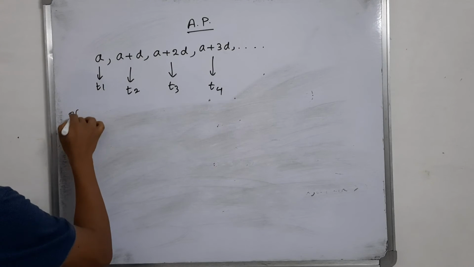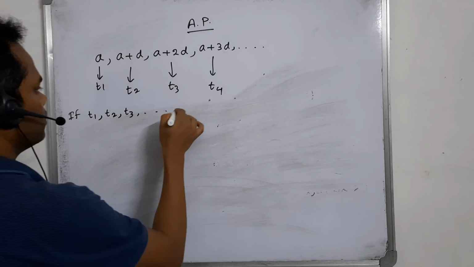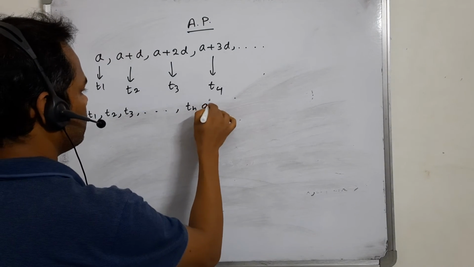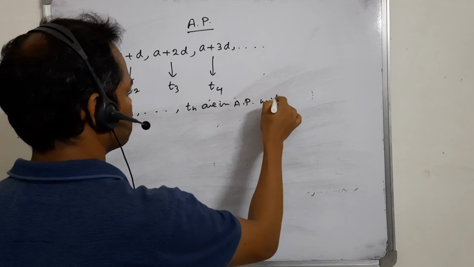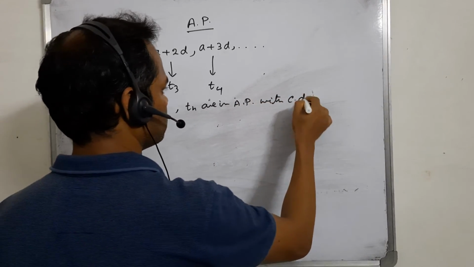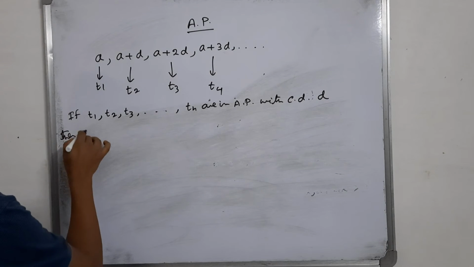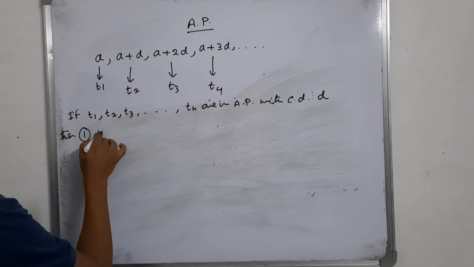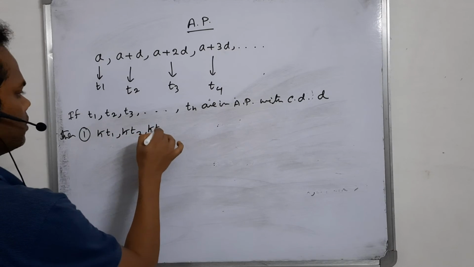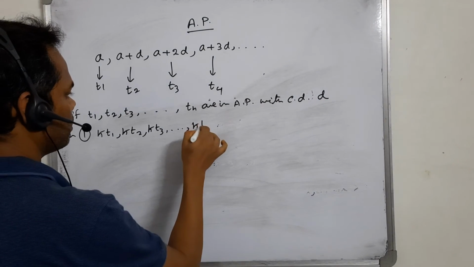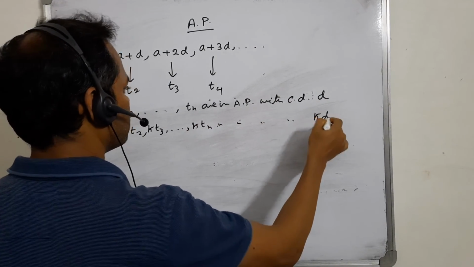If T1, T2, T3, dot dot Tn are in AP with common difference D, then KT1, KT2, KT3, dot dot KTn are in AP with common difference KD.